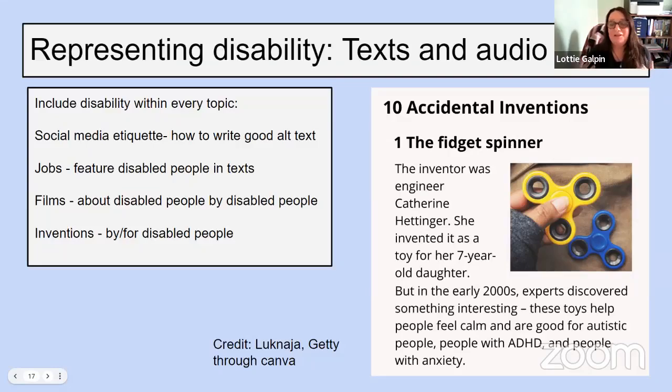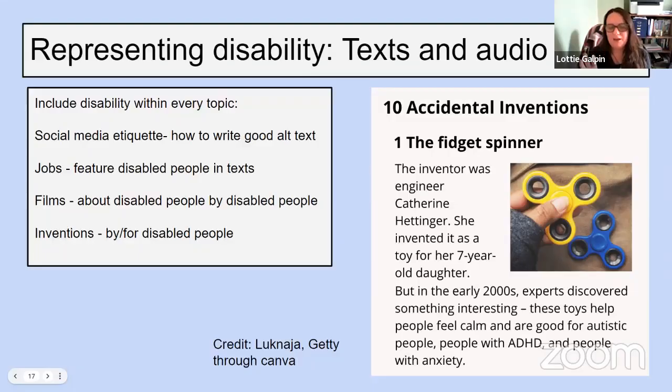Because that's really not what we're going for at all. So I would even advise, if you're creating reviews of films and TV, to maybe have a disabled person reviewing that film, so that it's a disabled person's view of a similar impairment, if that makes sense.